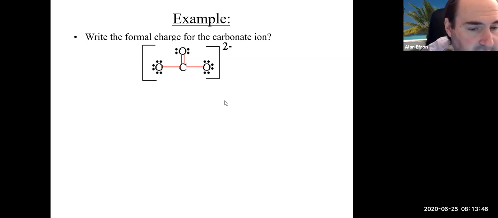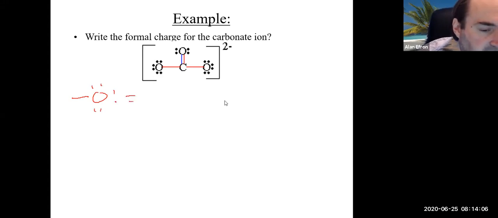Okay, so let's take a look, see how we're doing. So remember, we're calculating the formal charge. We'll start with the single bonded oxygen. So this will go for each of the ones on each side.